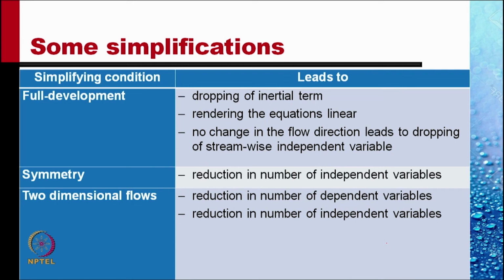Another simplification is because of symmetry, which leads to reduction in number of independent variables. In two-dimensional flows, there is a reduction in number of dependent variables. Now, one less dependent variable, and there is a reduction in number of independent variables. There is one less independent variable as well.